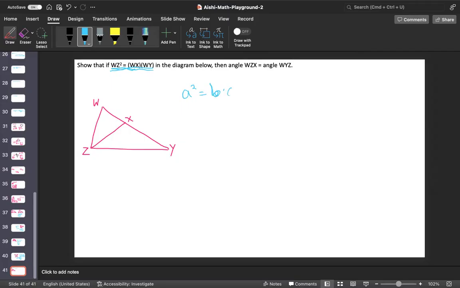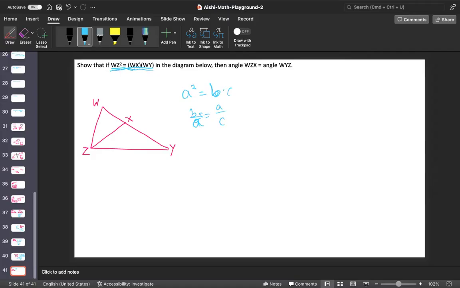So if we wanted to write this in side ratios so that we can get some similar triangles, then we can write this as b by a is equal to a by c.